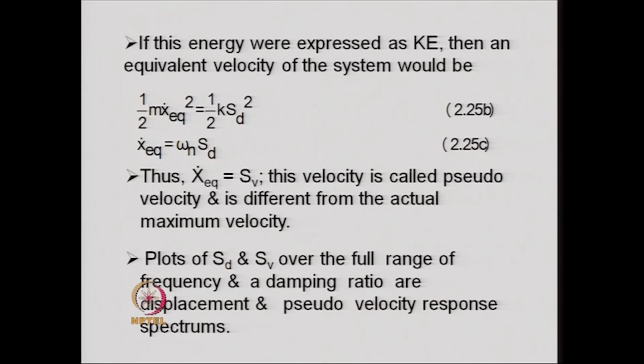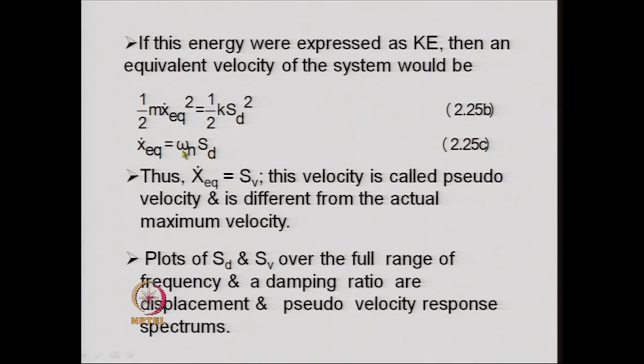Now, if we say that we want to express this energy as an equivalent velocity of the system, then the equivalent velocity for the system can be obtained by equating this energy with half m v square, where v is the equivalent velocity. And from this one can get an expression for the equivalent velocity, which is equal to omega n times Sd.